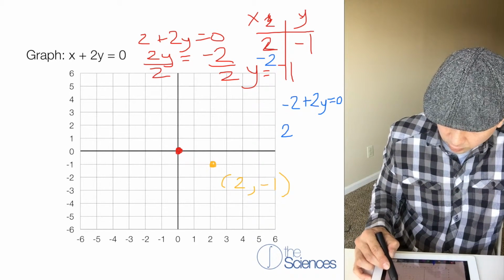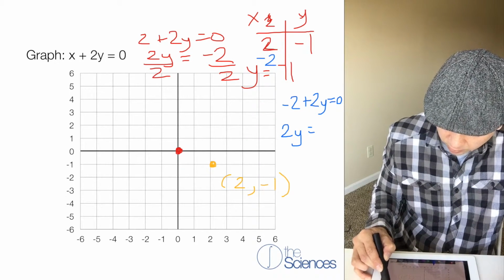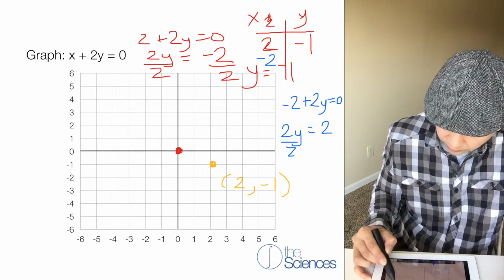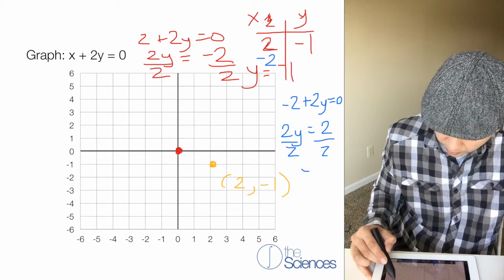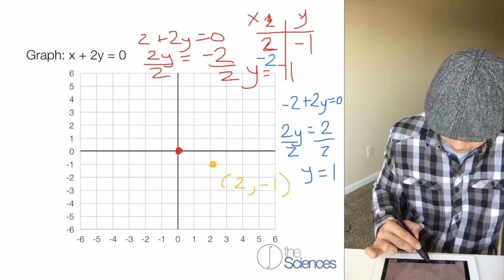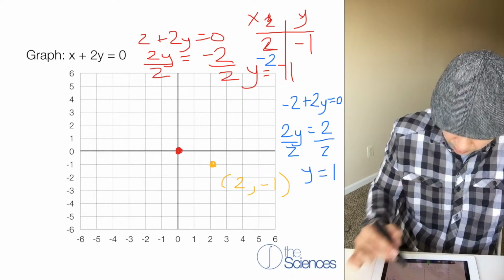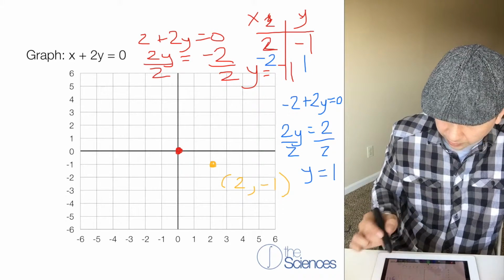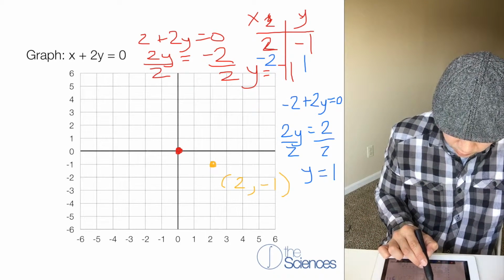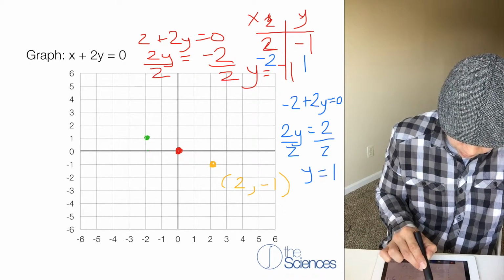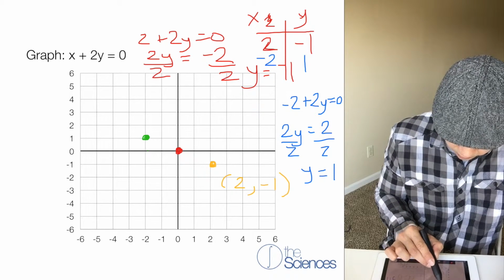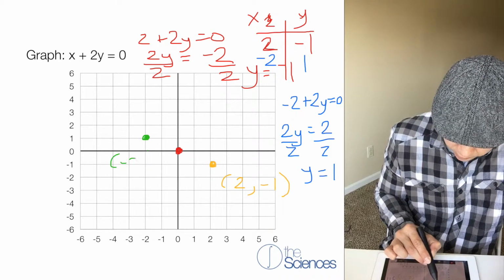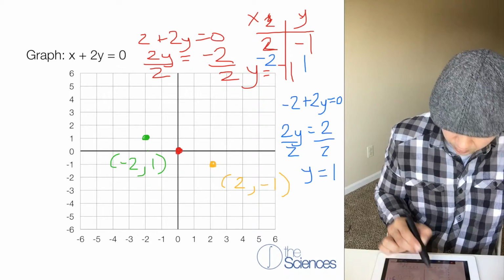So now we have 2y equals 2. And then if we divide both sides by 2, we get y equals 1. So now when x is negative 2, y is 1. So now we're going to plot that. So that's the coordinate for negative 2, 1.